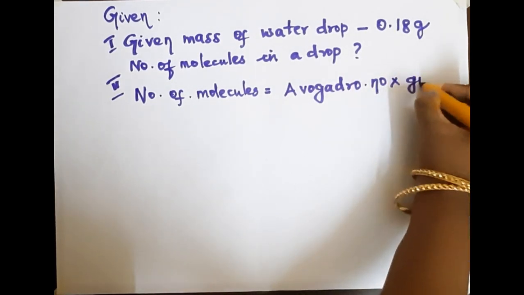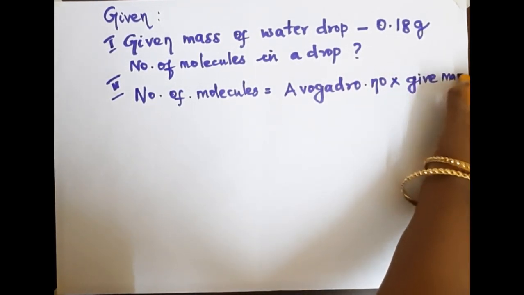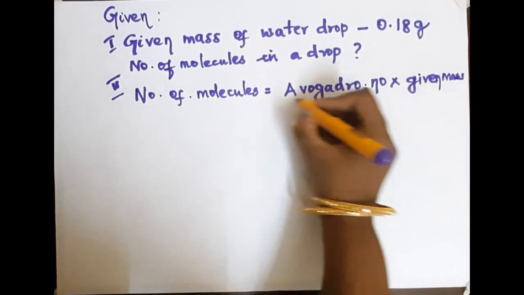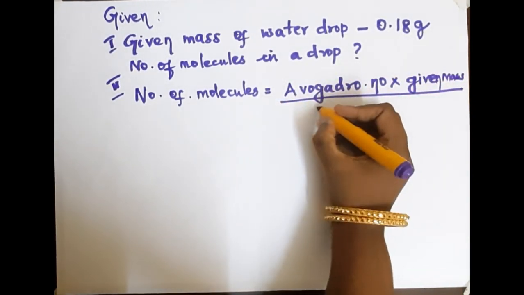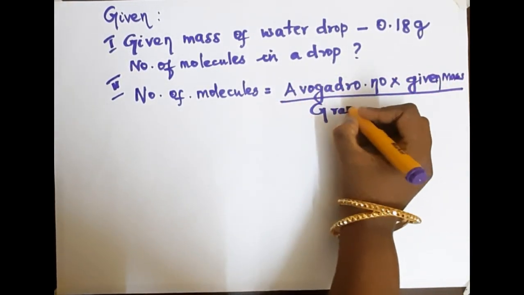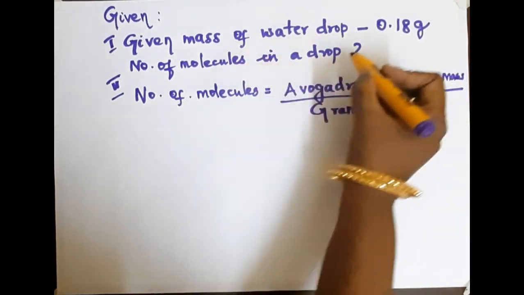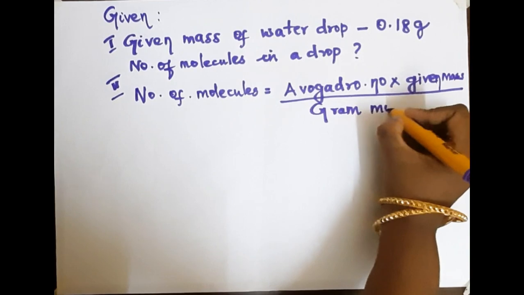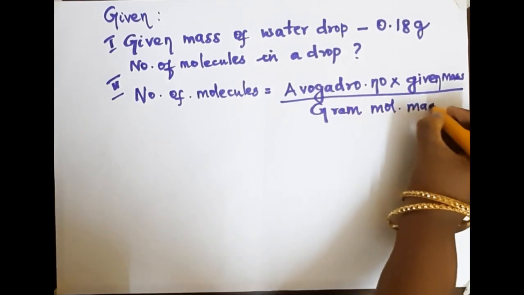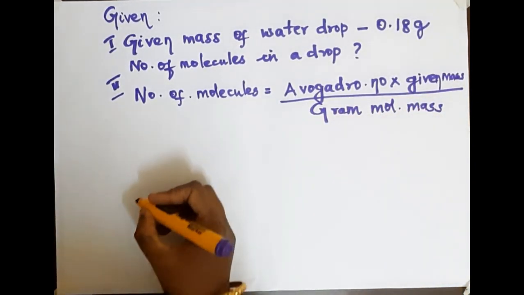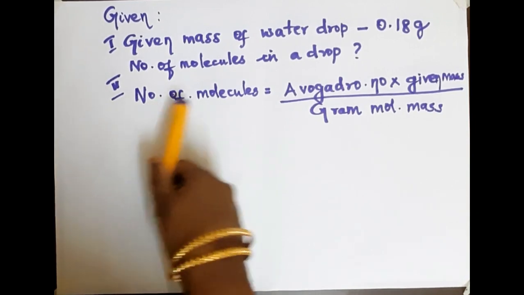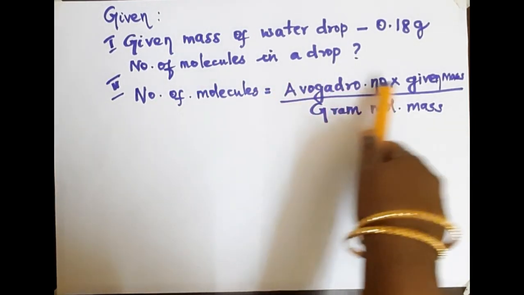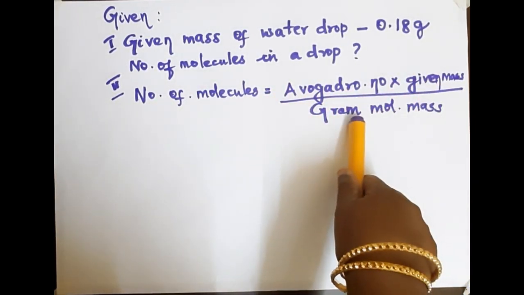Into the given mass divided by the gram molecular mass, because it is water, actually it is a molecule. Is it right, children? So, number of molecules is equal to Avogadro number into given mass by gram molecular mass.